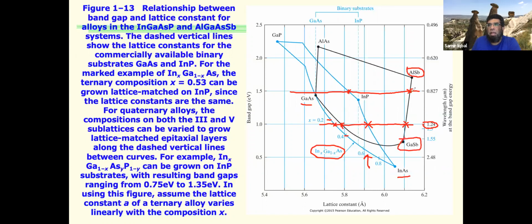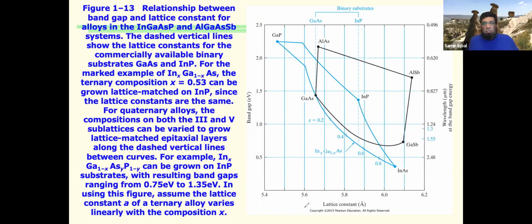So you will have to figure out what is the relative concentration between aluminum and gallium. And you say, okay, create, order this material in this relative composition. That would be the material for that application, 0.827 micrometer. Right?